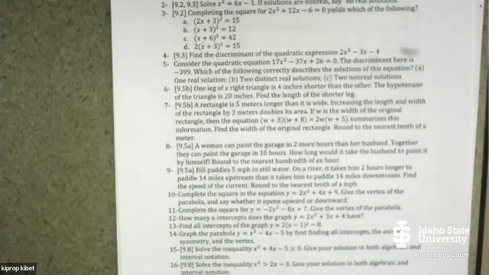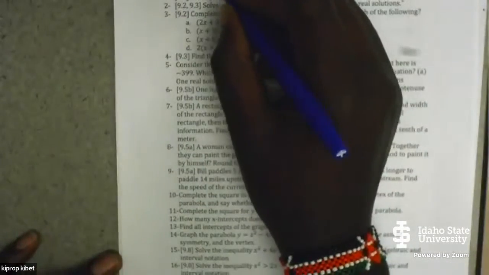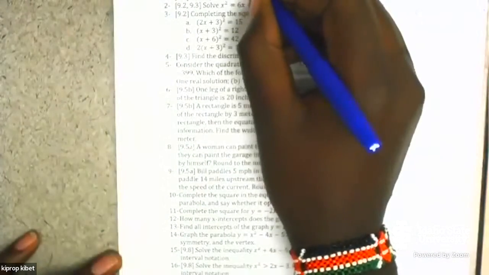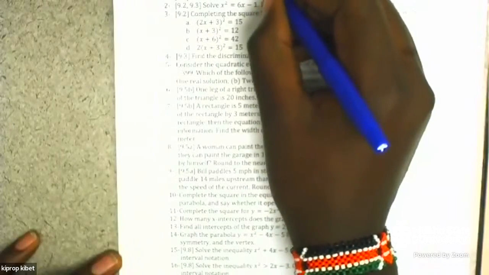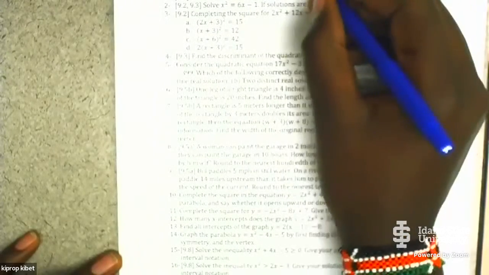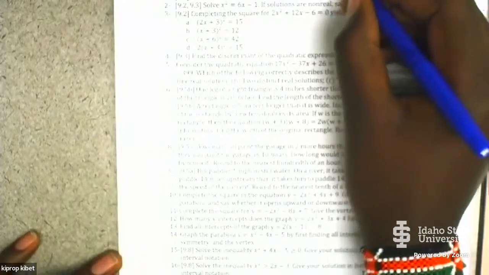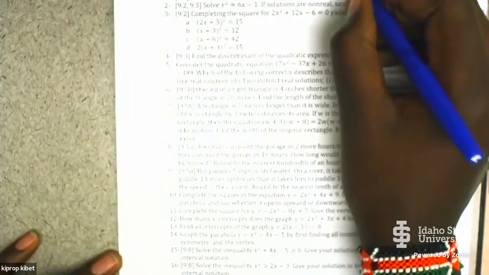So x plus 1 square equals 25 is equal to x plus 1 equals plus or minus the square root of 25, right?